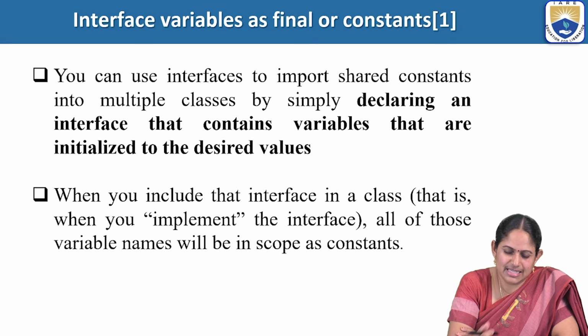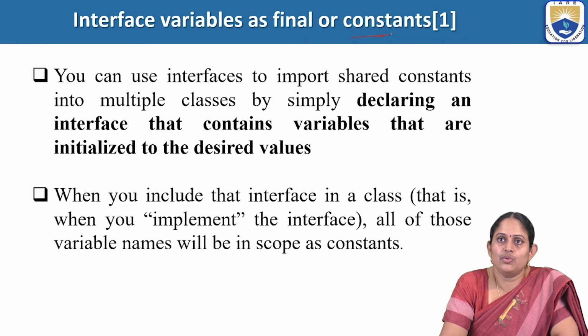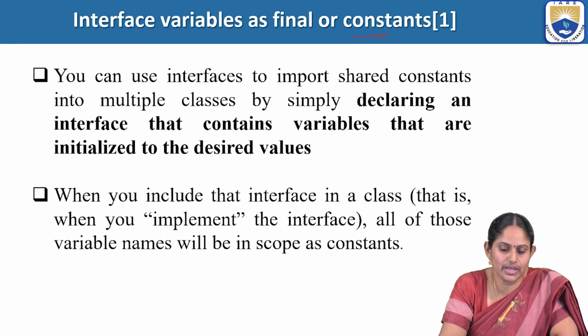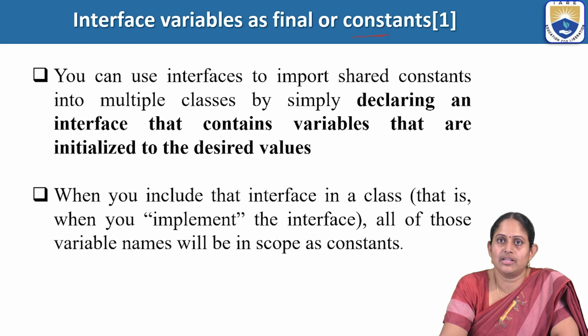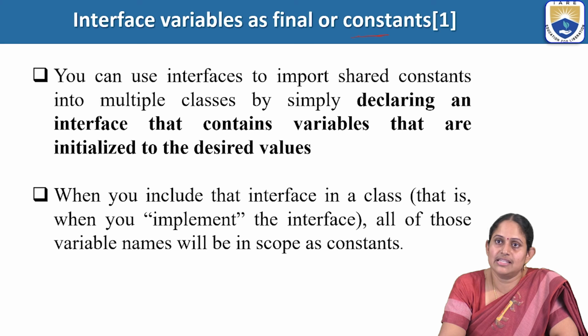Next, let's look into interface variables as final and constants. We can use interfaces to import shared constants into multiple classes by simply declaring an interface that contains variables initialized to desired values. When you include that interface in a class, all those variable names will be in scope as constants.